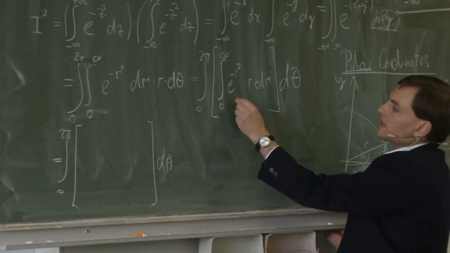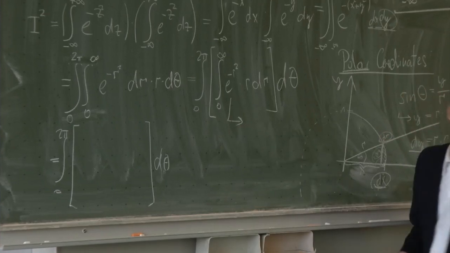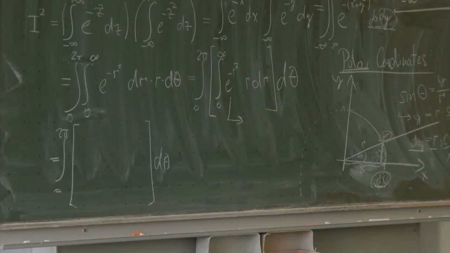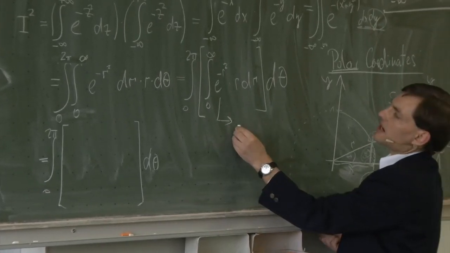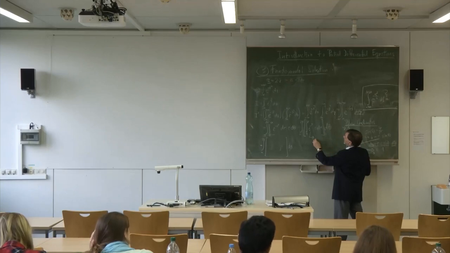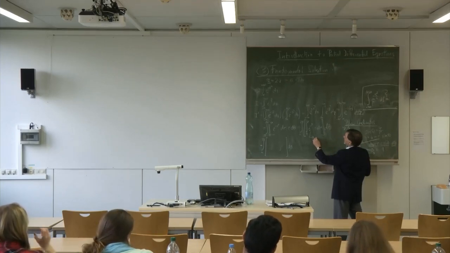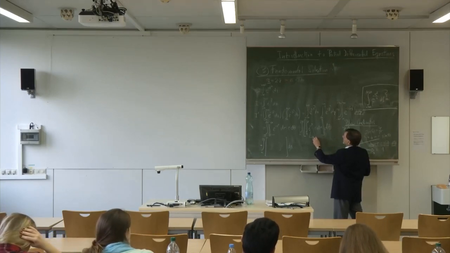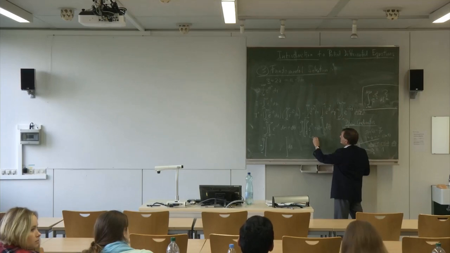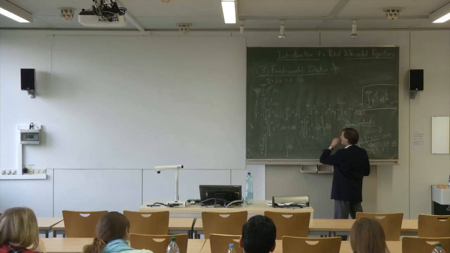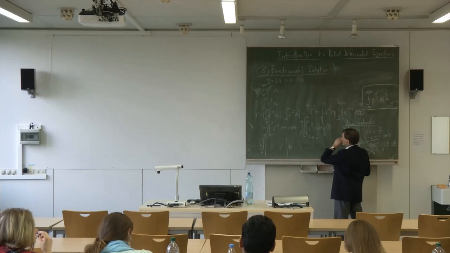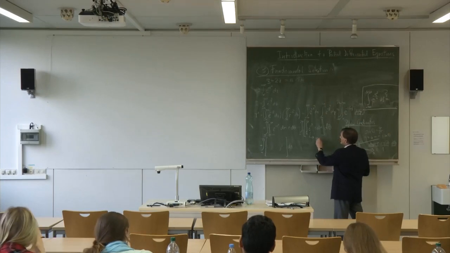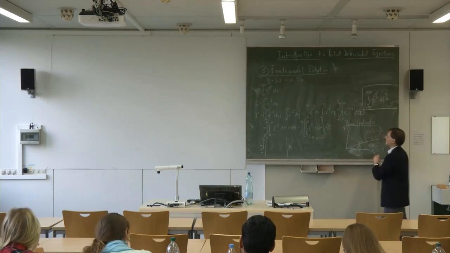What we need to do this integral, we need a variable transformation again. Here the variable transformation I suggest is the following. Well, let's think about. Why not assuming that u is equal to 2r?